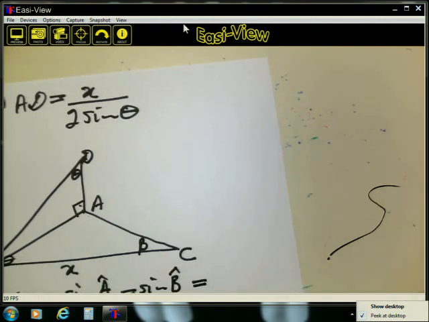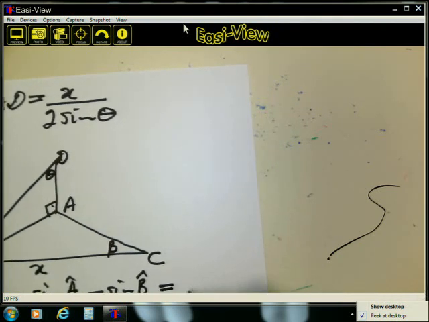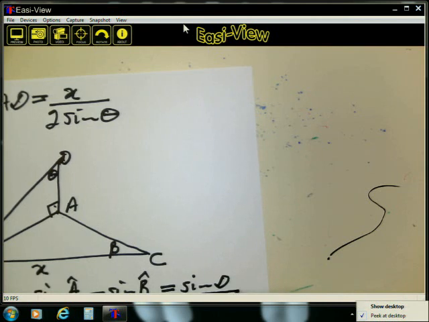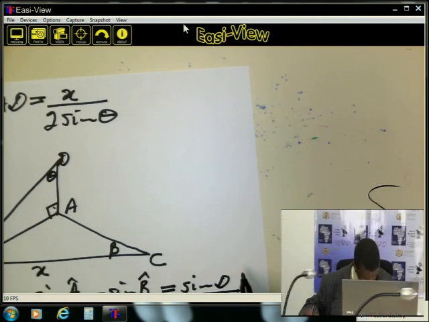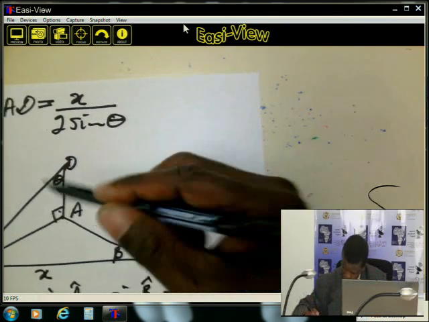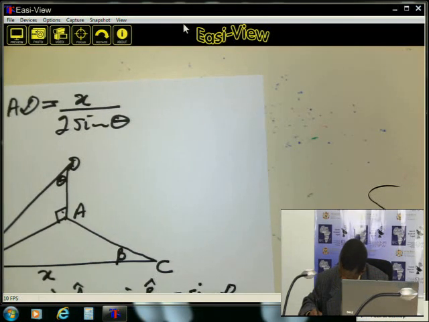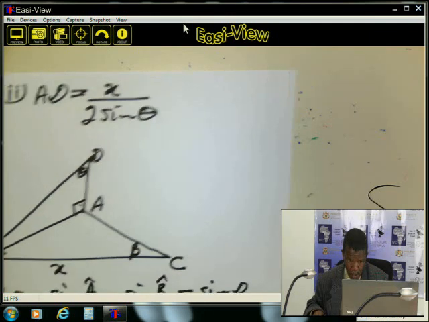Is equal to sine D over small d, which is sine D, opposite AB, over AB.